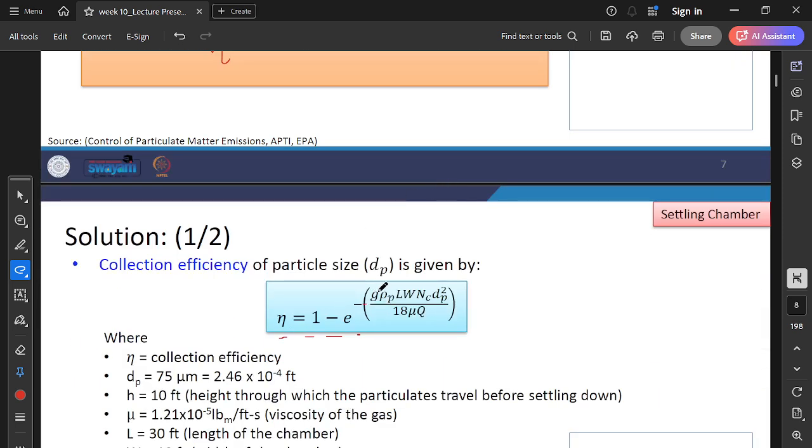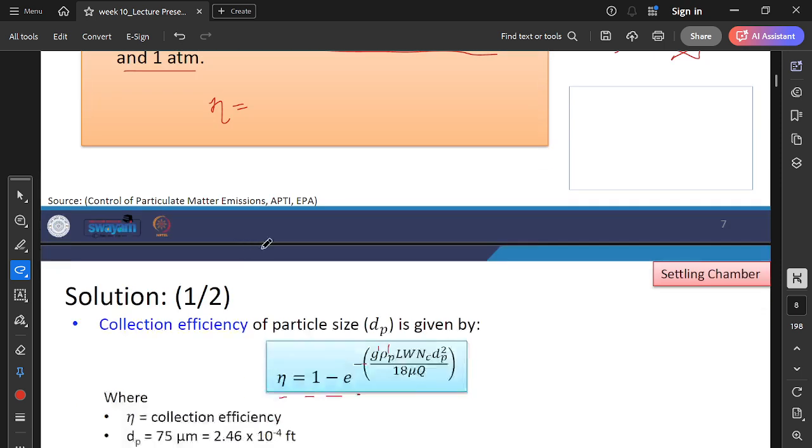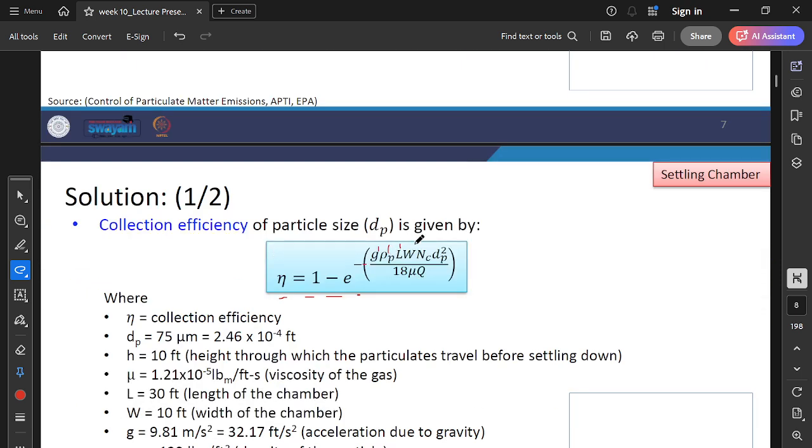What are the requirements? G is 9.81. Rho p, the particle density, they have given, 120 pounds per feet cube. L, length, and W, width of the chamber we know. And Nc is the number of partitions, because in the settling chamber, if there are lots of partitions, then there will be more settling.